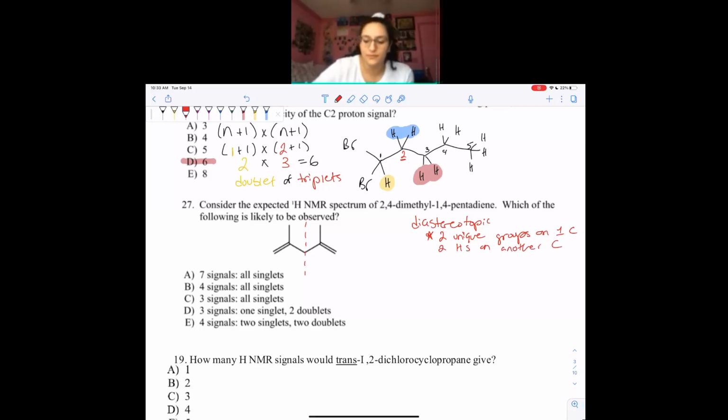So let's look at this double bond, right? We have this group and this group. Those are completely different from one another. So we have two unique groups, and we have two hydrogens. So those hydrogens are going to be completely different from one another.